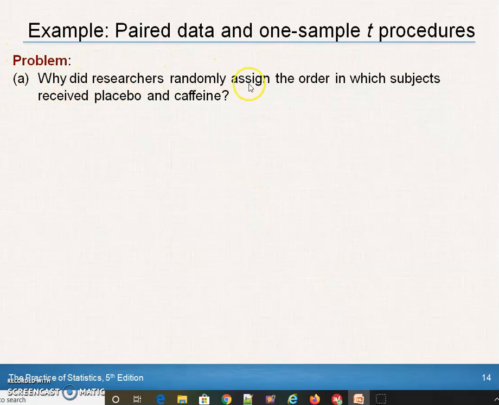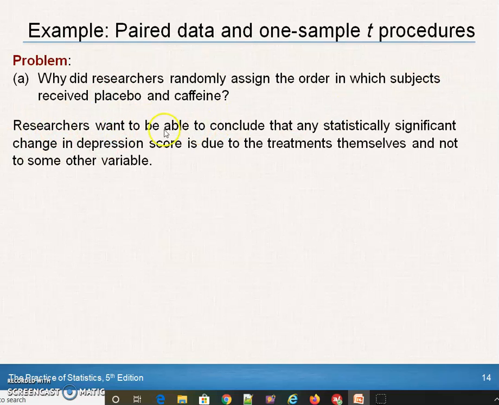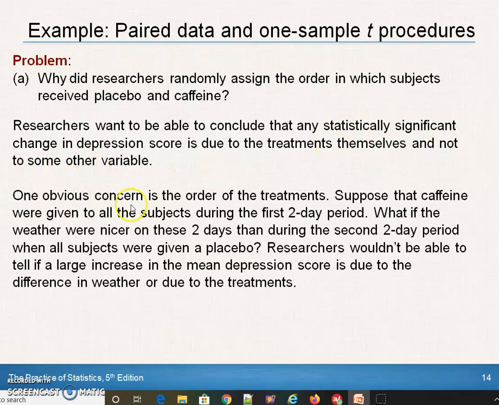Problem: why did researchers randomly assign the order? They wanted to be able to conclude any statistically significant change was due to the treatments, not to some other variable. One other concern, suppose the caffeine were given to all subjects during the same 2 days. What if the weather were nicer on those 2 days?